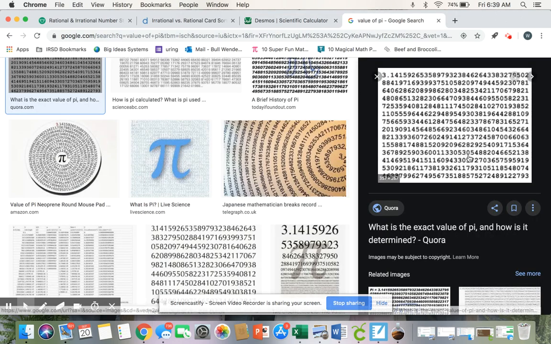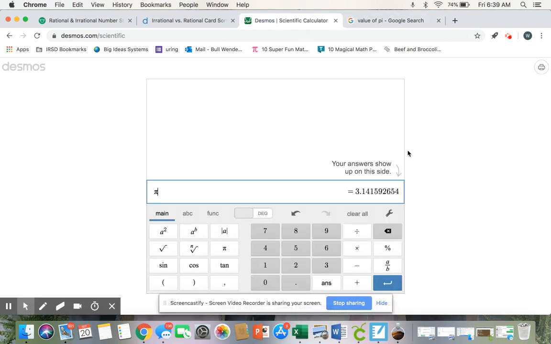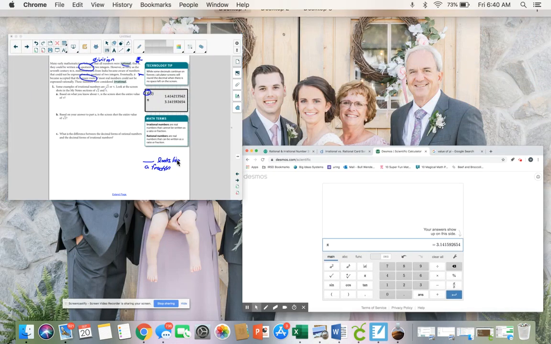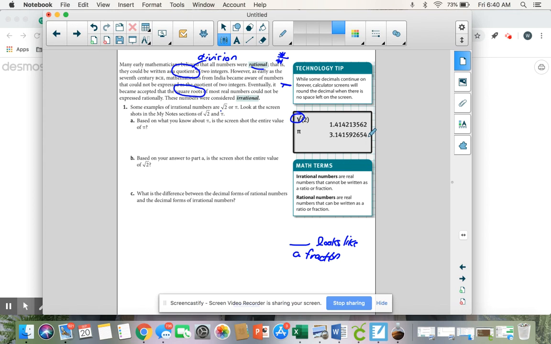If this is the value of pi and it keeps going on and on, what did my calculator do? That's right, my calculator cut it off. Even though it's not written, I could say that this number goes on and on. We would use dot, dot, dot, or an ellipsis, to show that it goes on forever.